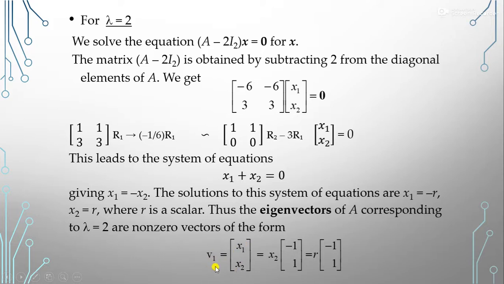We say that this is our vector v1 corresponding to lambda equal to 2. Now put in x1 as minus 1 and x2 as 1, with r, right? If we take r common, our eigenvector is minus 1, 1. So this is our eigenvector corresponding to the eigenvalue lambda equal to 2.